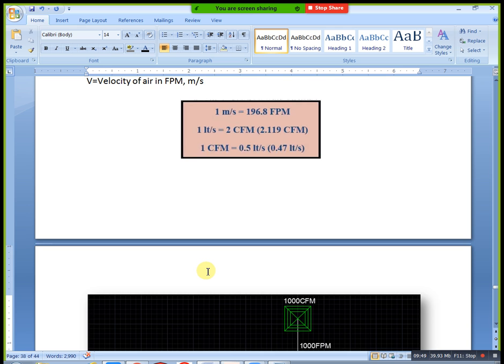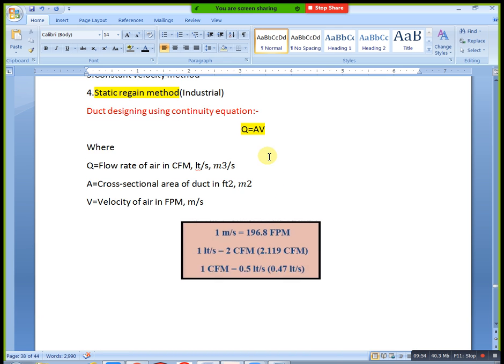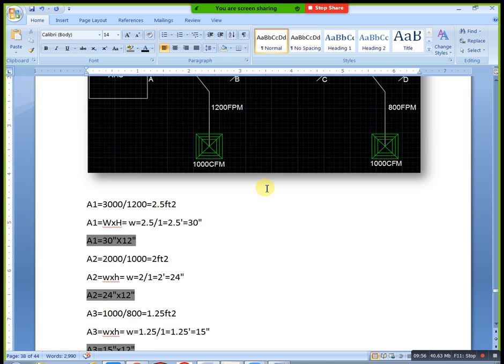Okay, in pipe sizing also this is very, very important. You can note this down. Next we will discuss.